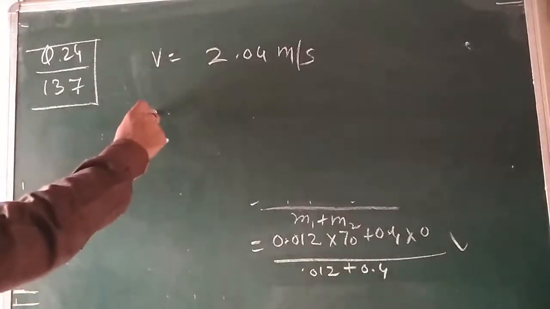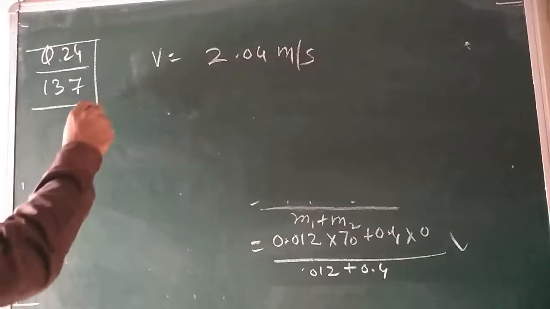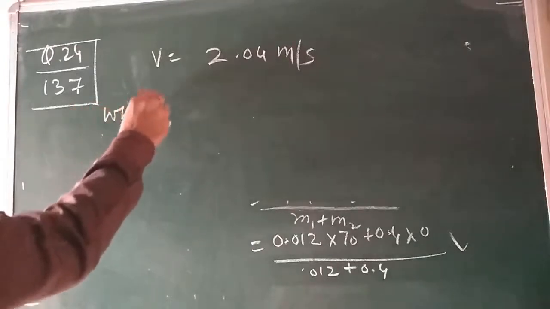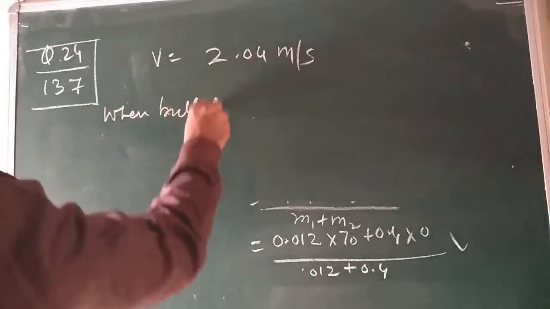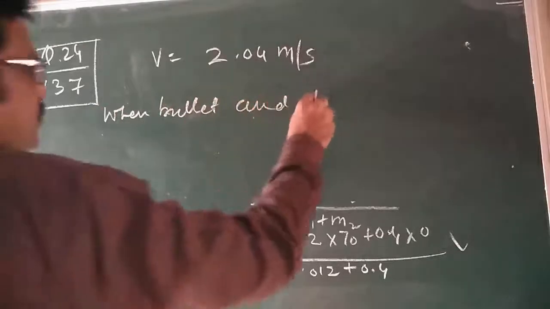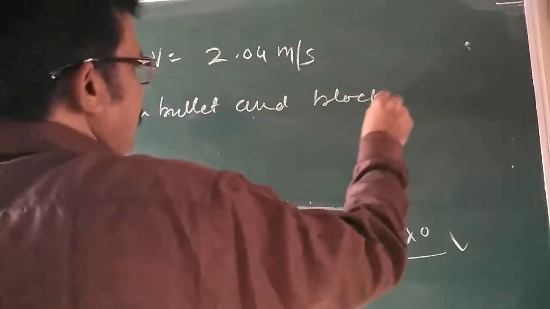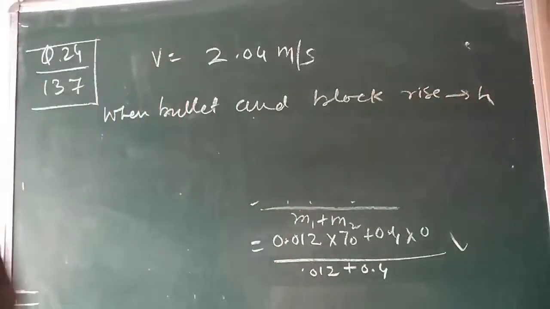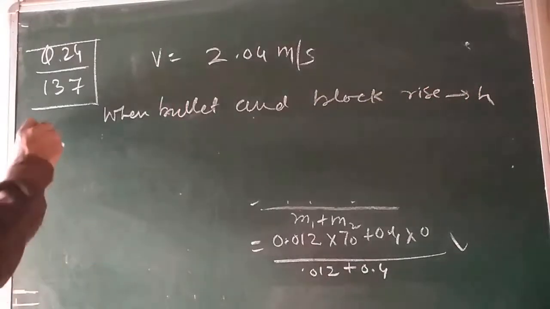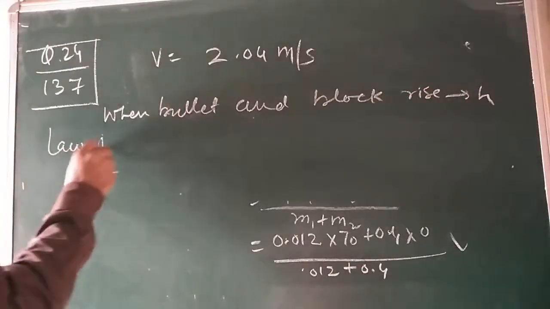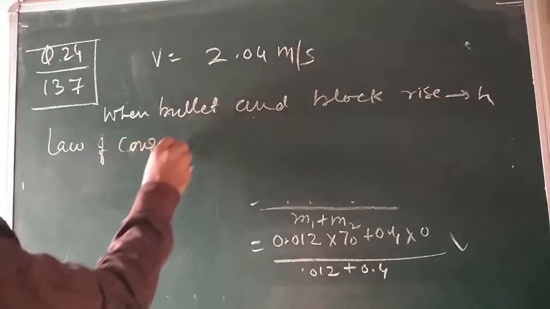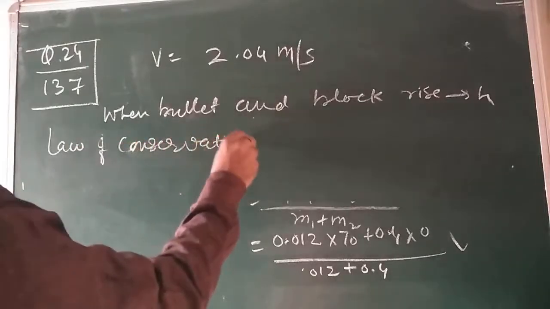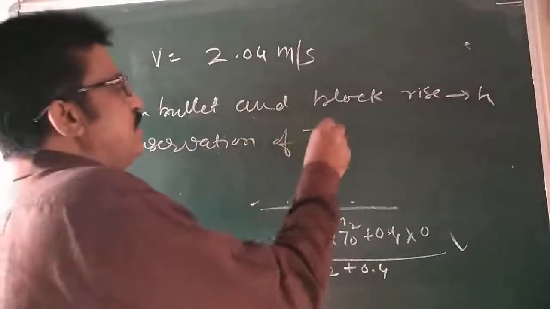When the bullet and block rise to a height h, using the law of conservation of total energy.